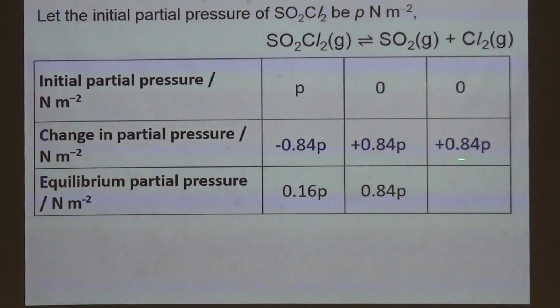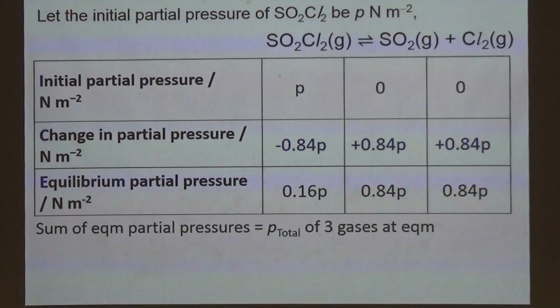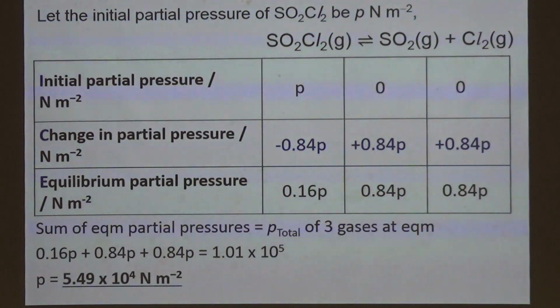The change in partial pressure of Cl2 is plus 0.84 P, so the equilibrium partial pressure of Cl2 is 0.84 P. Right, so the sum of all the equilibrium partial pressures must be equal to the total pressure of the system.